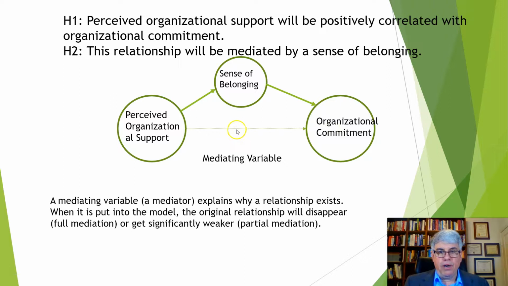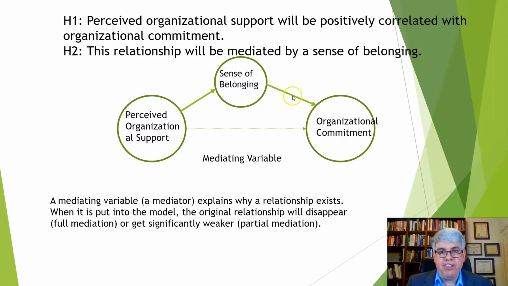So if this was like 0.4 without the sense of belonging in there, R equals 0.4, when we make this model and do the regression analysis, this relationship might be pretty high, like beta equals 0.4. This one, the coefficient would go down close to zero. The correlation would go down close to zero if it's completely mediating.